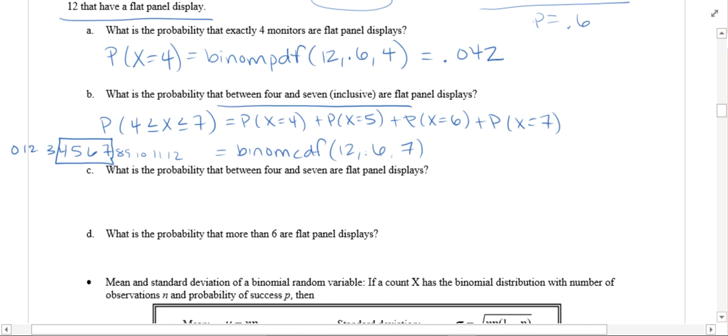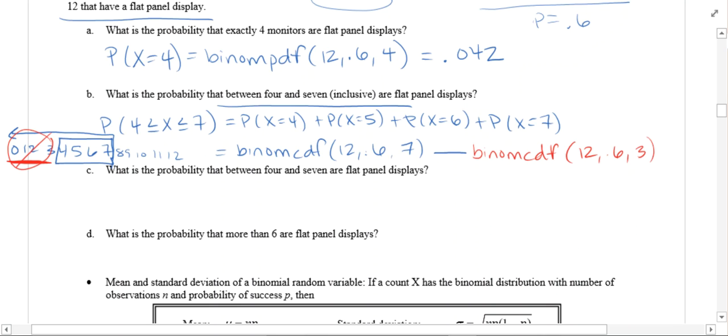So this is going to go 7 all the way down to 0. That's a little bit too much. I don't want all the ones all the way down to 0, so I need to subtract off these ones. So I need to subtract binomial CDF 12, 0.6, and I need to subtract off 0 through 3. So I'm going to put a 3 here.